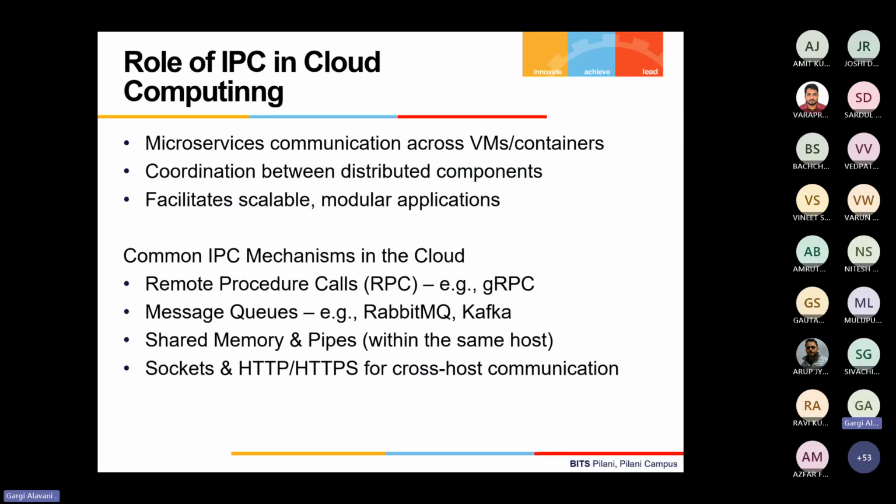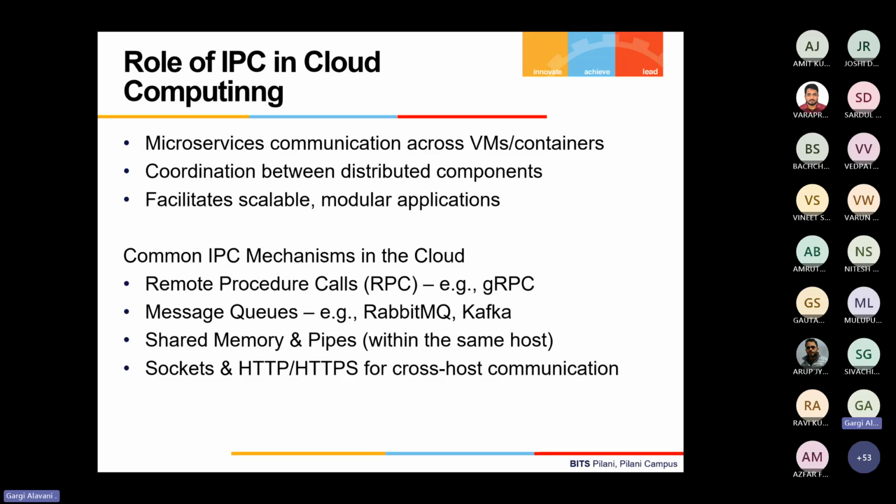So now we've seen what IPC is and the different approaches that can be used for IPC. Now, what is the role of IPC? Let us understand that, especially in the context of cloud computing.